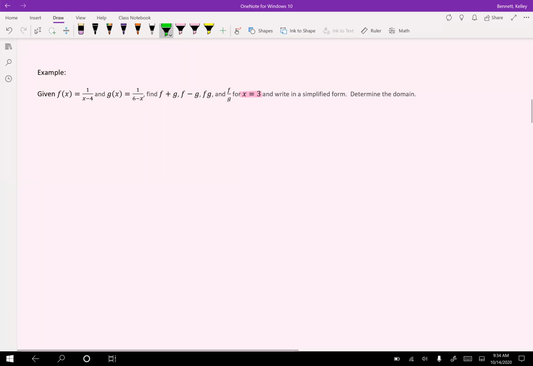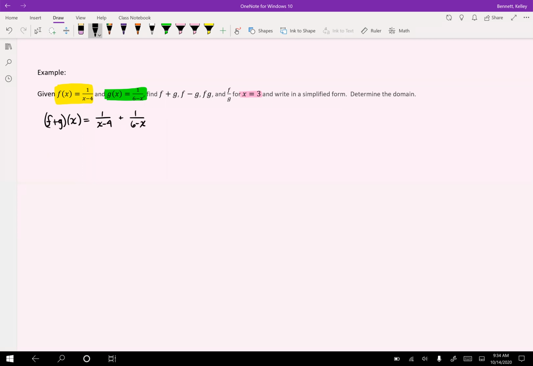And we have g being 1 over 6 minus x, and then we have f is 1 over x minus 4. So f plus g of x is equal to 1 over x minus 4 plus 1 over 6 minus x.